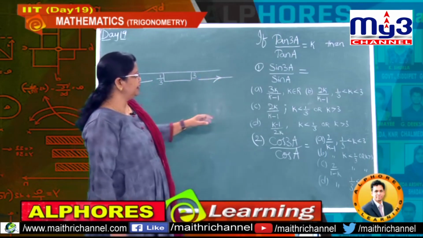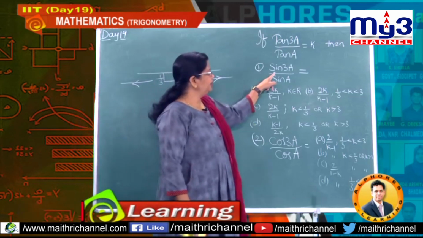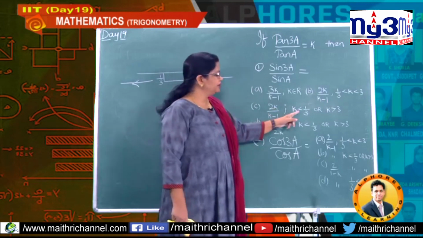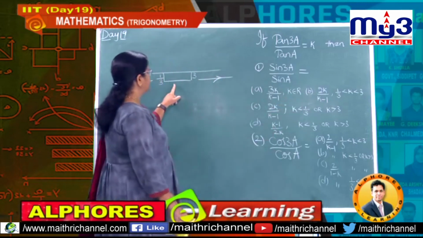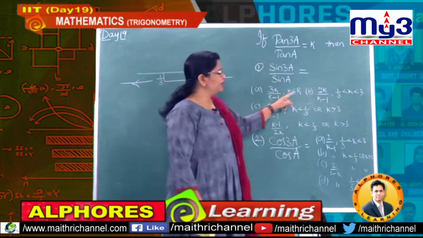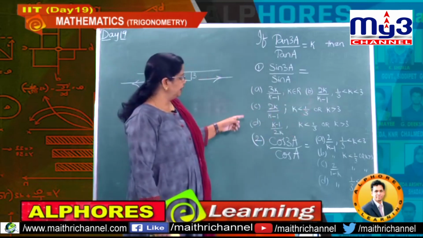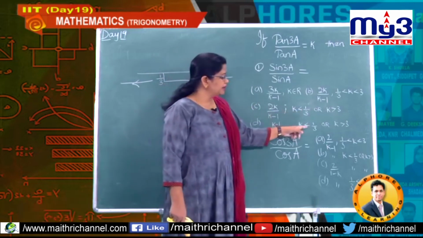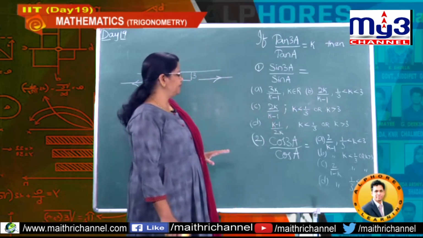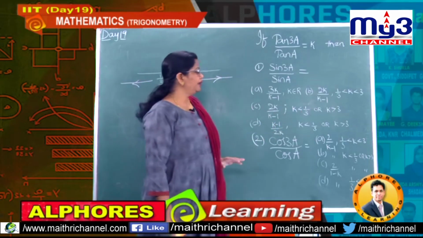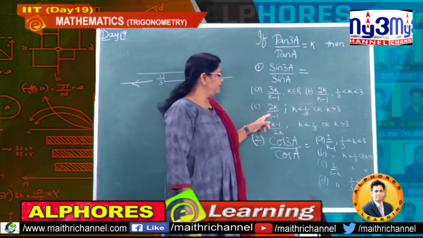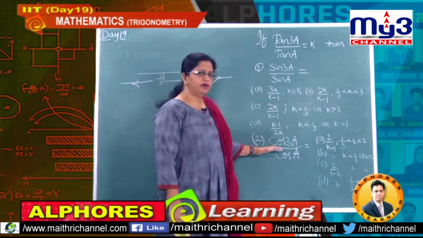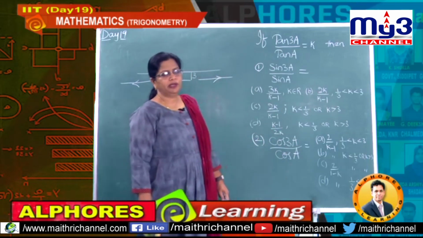So this is option C. The value is the same, students, but the k values are entirely different, so these two options are completely different. The fourth option is given as exactly the reciprocal, again with a condition. So altogether your answer is rotating about the value 2k by k minus 1 with different ranges of k. In the same way they asked about cos 3a divided by cos a, understand students.